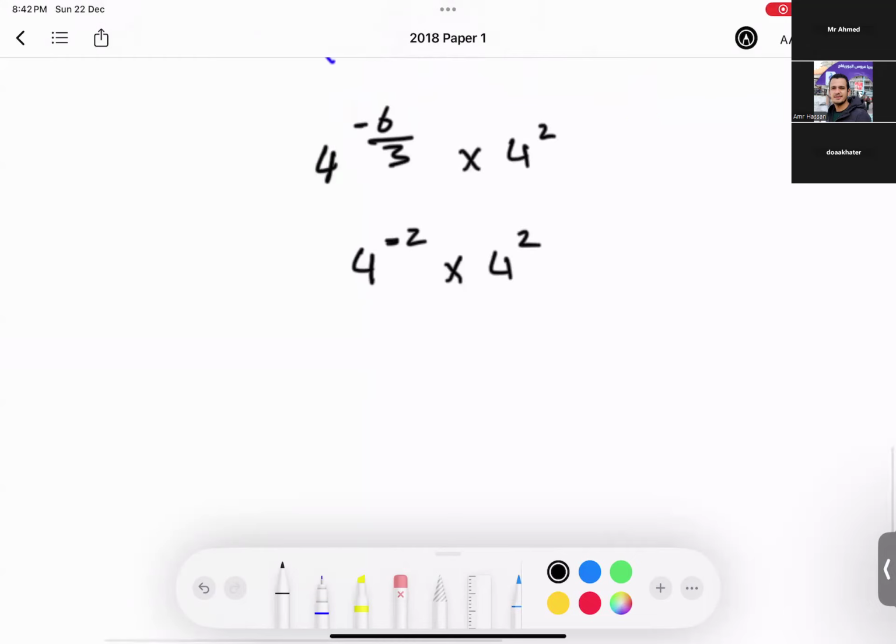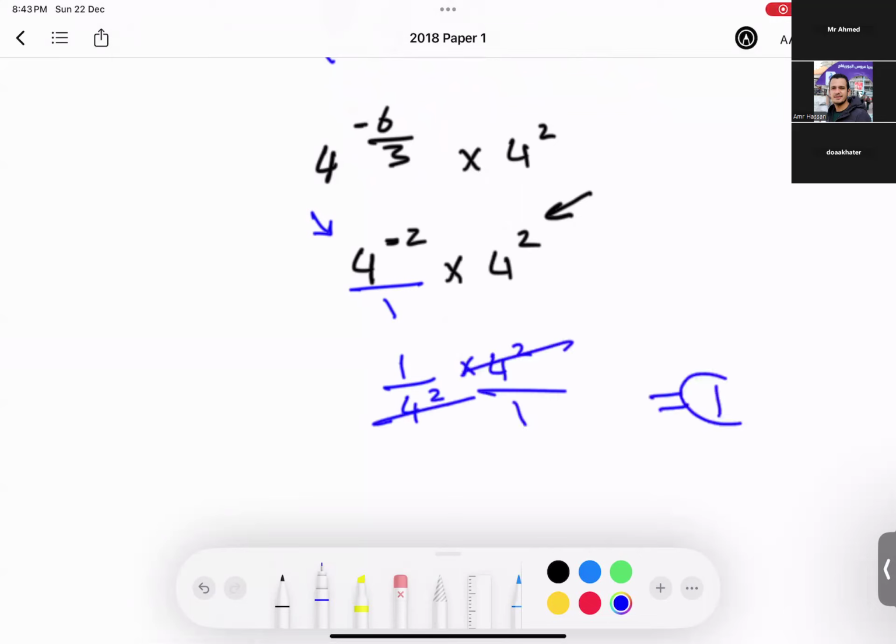We have an issue when the bar is negative: we need to swap their places. This one was 4 to the power of -2 over 1, so you could write it as 1 over 4 to the power of 2 multiplied by 4 to the power of 2. We cancel them out, so it's going to be 1, right?